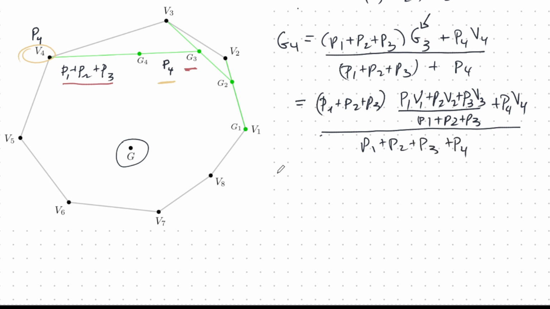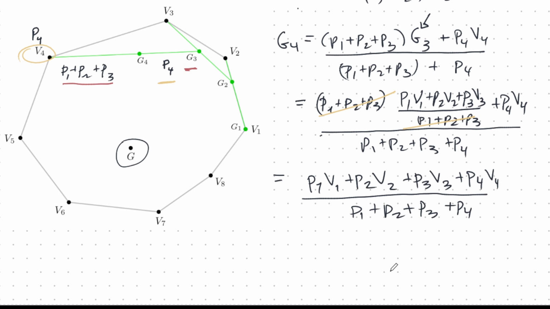Man, my hand is getting numb from writing this. Right, okay, so good things happen. This cancels with this, and I have P1 V1 plus P2 V2 over P1 plus P2, etc. And this, what is this? This is the weighted mean of the first four vertices, V1, V2, V3, V4.